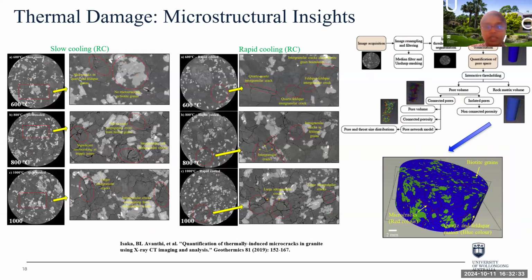We started with 2D raw images with a resolution around 10 micrometers. Then we use a noise reduction median filter that preserves key image features. And then after filtering, we use unsharp masking to enhance mineral boundaries and edges.